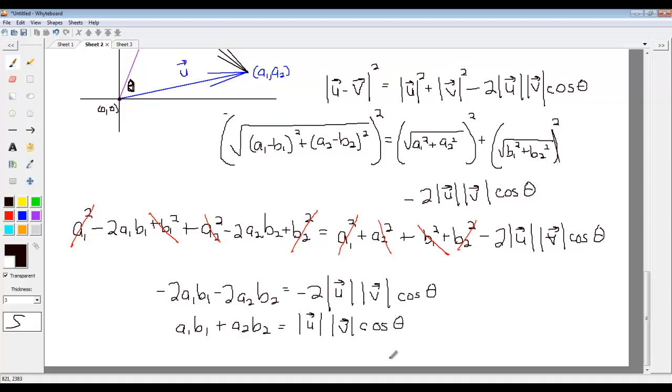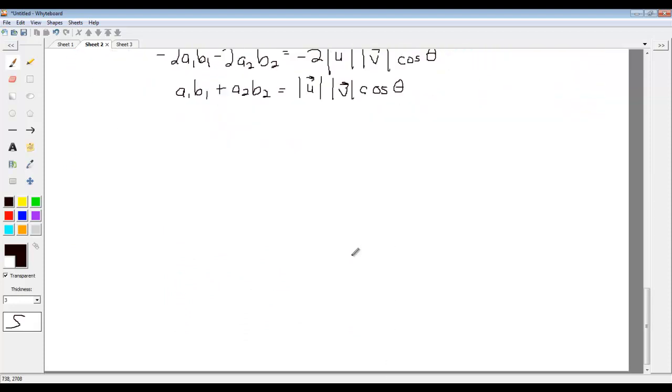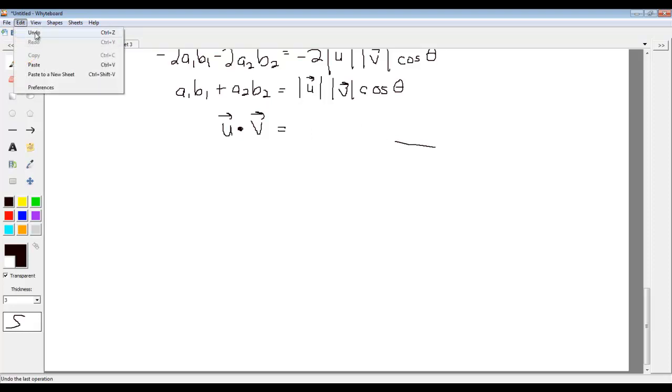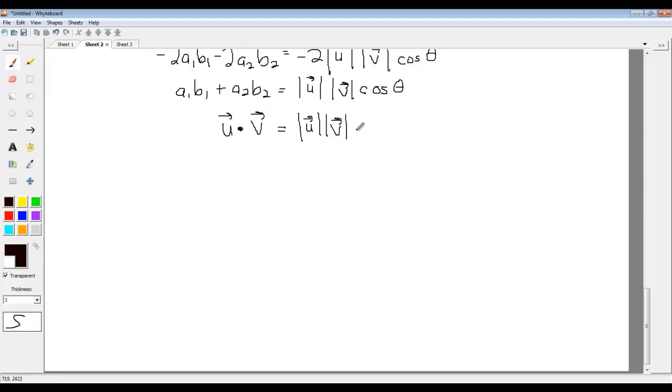cosine theta. Well, a1b1 plus a2b2, that's really the dot product of u and v. And that equals still magnitude u times magnitude v times cosine theta. Well, from there, just do a little algebra, divide by those magnitudes. Cosine theta is going to equal that dot product over the product of the magnitudes.